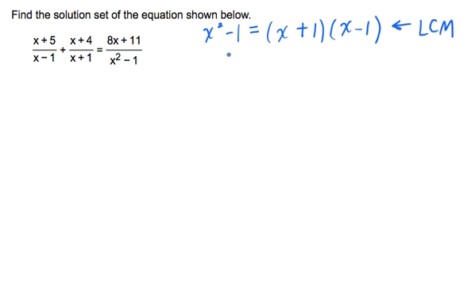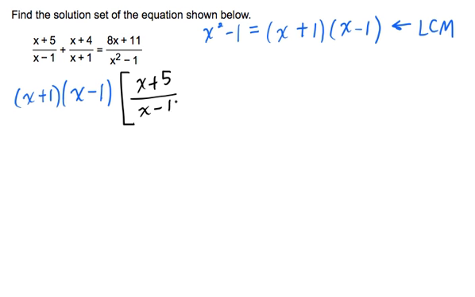So that's what we need to multiply both sides of the whole equation by in order to eliminate all three denominators so that we can solve it. On the left, I'm going to multiply by the factored version, x plus 1 times x minus 1 times this whole thing, so times x plus 5 over x minus 1 plus x plus 4 over x plus 1.